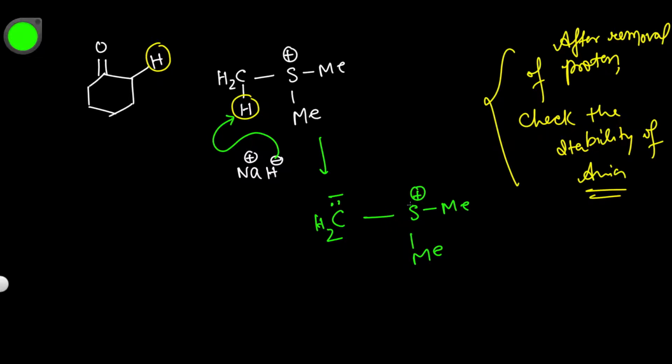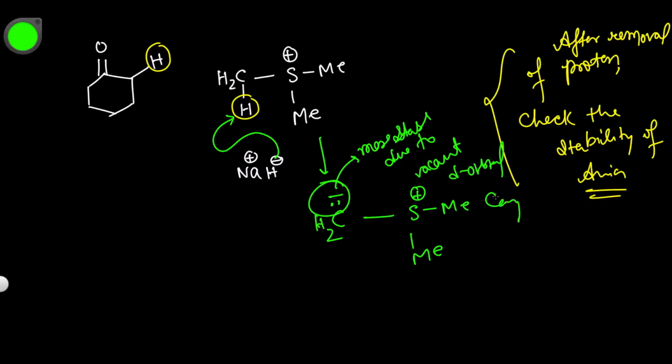As you all know, sulfur has a vacant orbital, so this negative charge is more stable here, due to vacant d orbital conjugation, or you can say back bonding. That's why this proton is the most acidic proton.